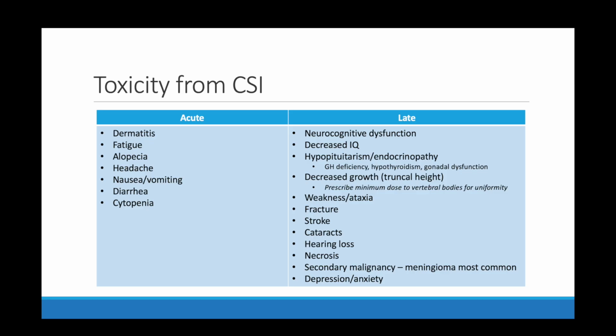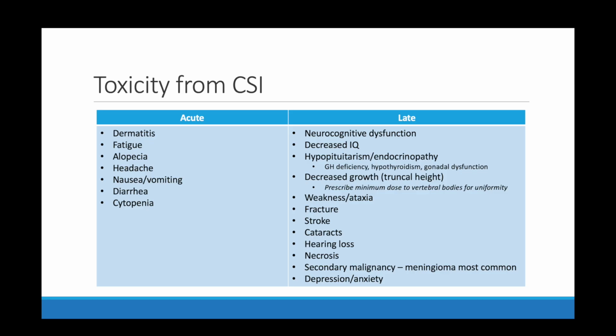Other late side effects we think about: weakness and ataxia, risk of fractures, risk of stroke, cataracts, hearing loss, necrosis, secondary malignancy for sure. We talked about how meningioma can often happen from exposure to craniospinal irradiation in the past. Depression and anxiety can happen as well, as downstream effects of everything that children go through from the CSI.